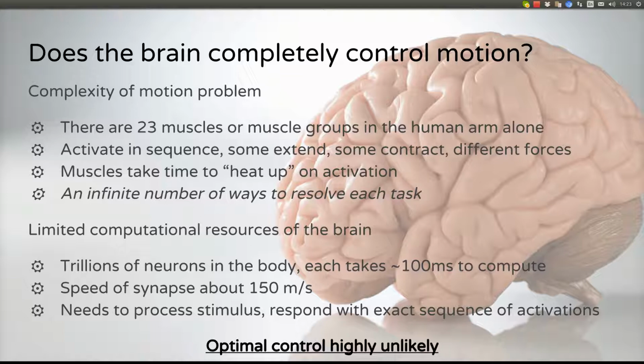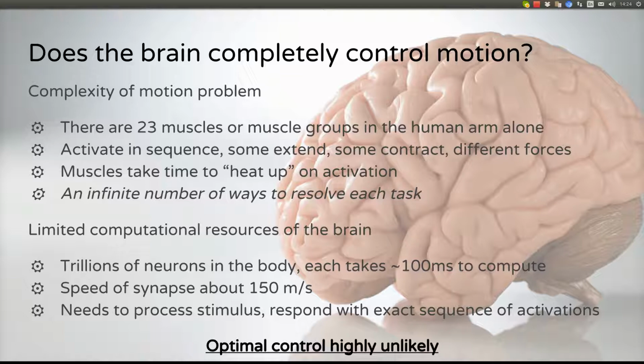They all apply different forces depending on the magnitude of the signal that gets sent to them. And all the muscles take time to heat up on activation. So what you end up with is an infinitely complex optimal control problem, which would be daunting for even the world's most powerful supercomputers to resolve.